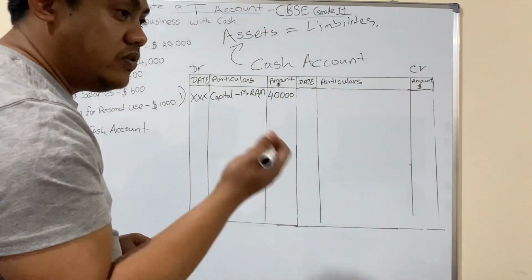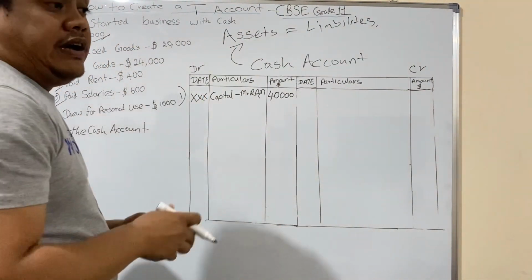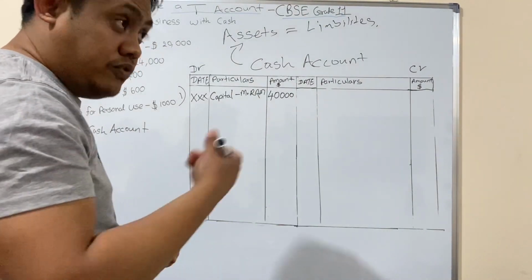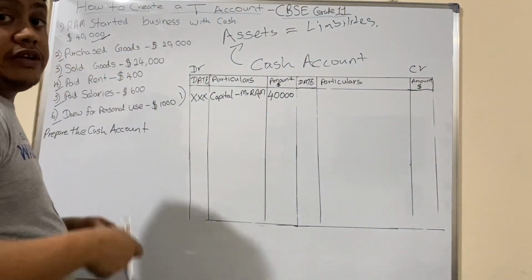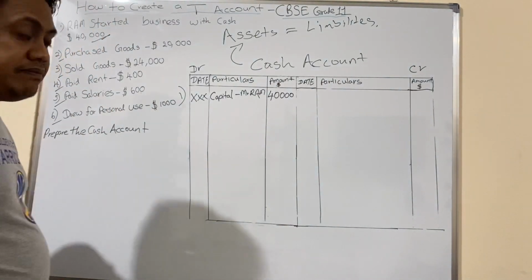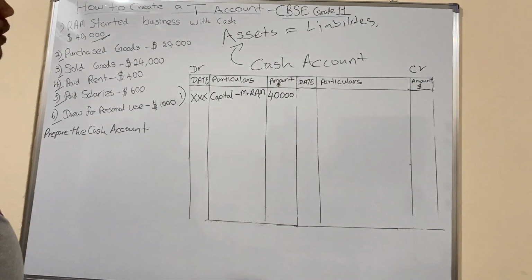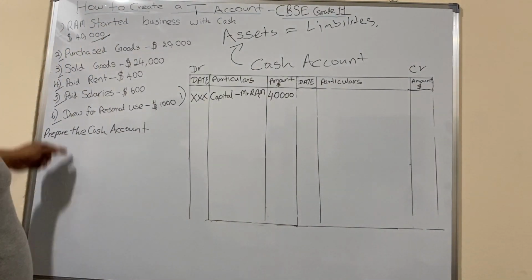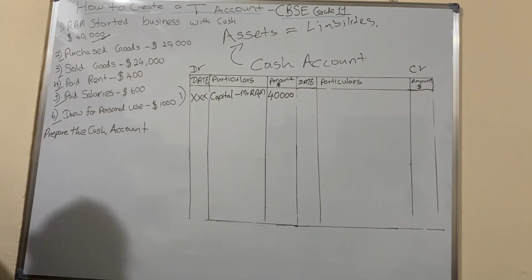You can buy goods, and pay rent, electricity, water bills, whatever. Now you can pay from his money. The second transaction is purchase goods for 20,000.